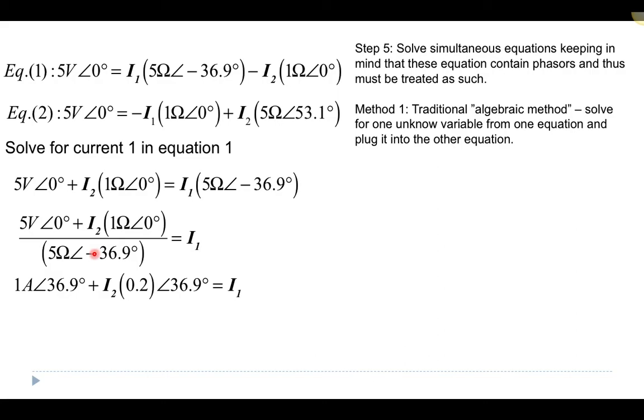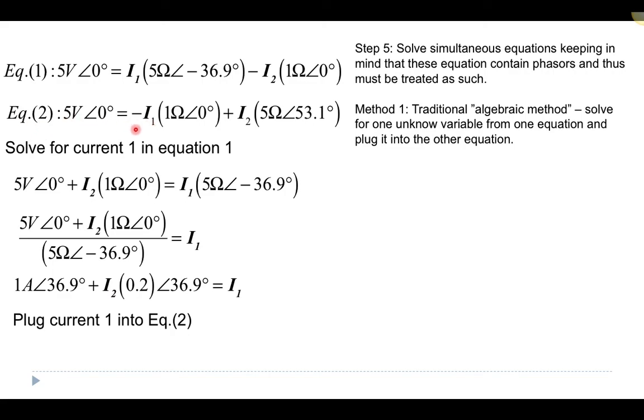And then 0 minus minus 36.9 gives me 36.9. So I have solved for the current in terms of that term that had the voltage in it and I2. So now I'm going to take this current value that I found, and I'm going to plug it in up here into equation 2.